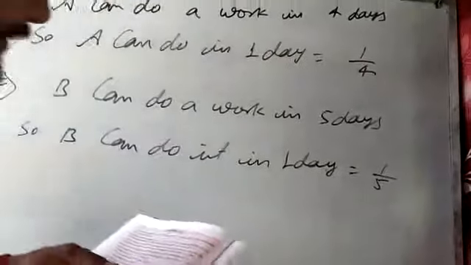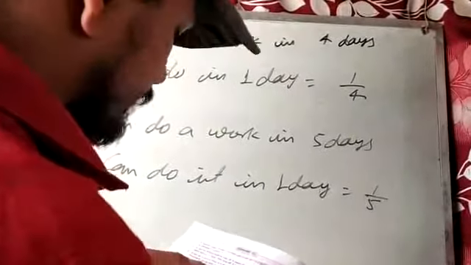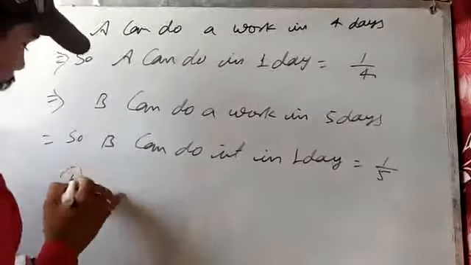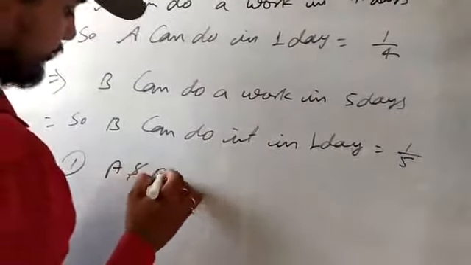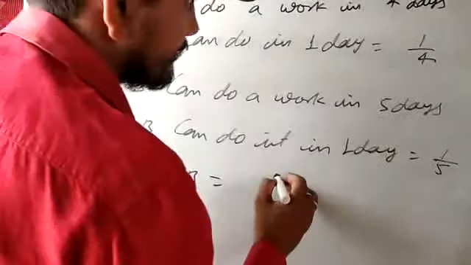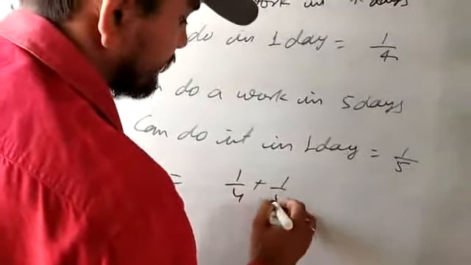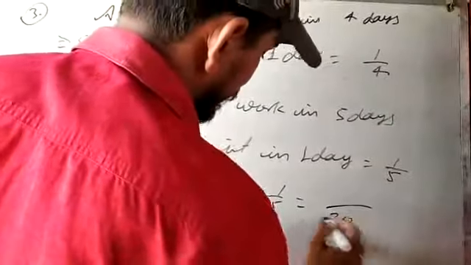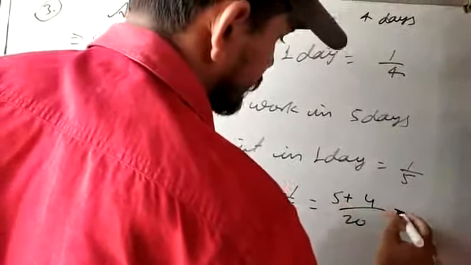So if they work together, first question, A and B. If A and B work together, then 1 by 4 plus 1 by 5, we take the LCM, 20. 5 4s are 20, 4 5s are 20.